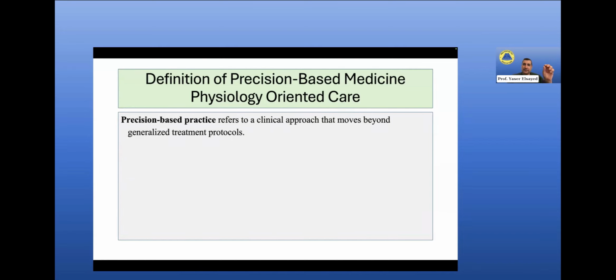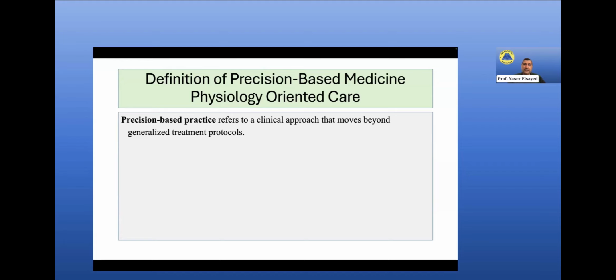Maybe in some simple conditions like surfactant deficiency, we give surfactant, and antenatal steroids, because it's a very broad kind of physiology, with benefit from steroids given to mothers with premature labor.